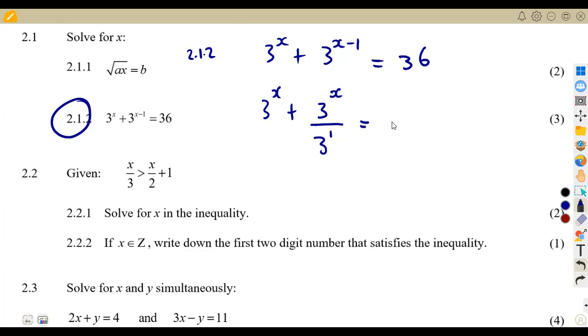So this is equal to 36. So as you can see, I have properly separated this so that I can see properly my 3 to the exponent of x that I can factor out because it's now common. So if I factor out 3 to the exponent of x, here I'm going to divide this and this is the same, I get a 1. This and this are the same, so I'm going to get a 1 on 3 to the exponent of x. That's where you get a 1, just like here, you got a 1.